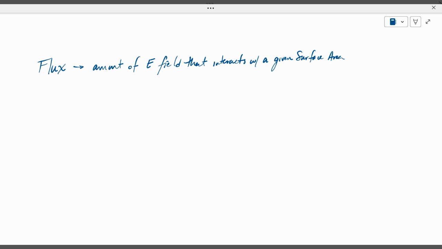All right, so it's based on two things, the electric field and surface area. So the symbol for flux is a phi. And so since it is the electric field times the surface area, now that's a dot product. Okay, so let's talk about what that means.